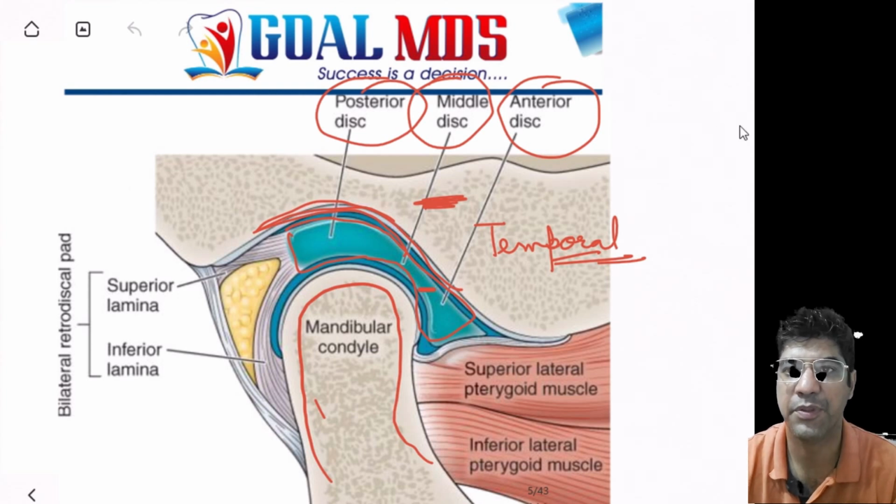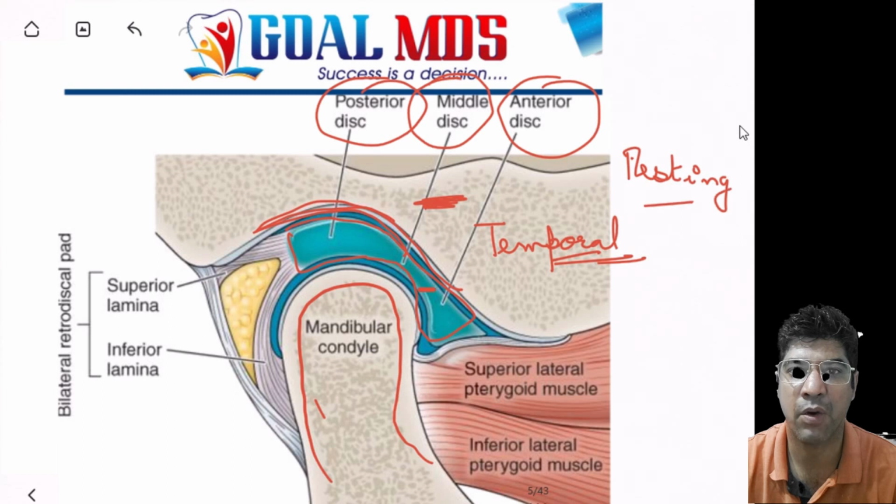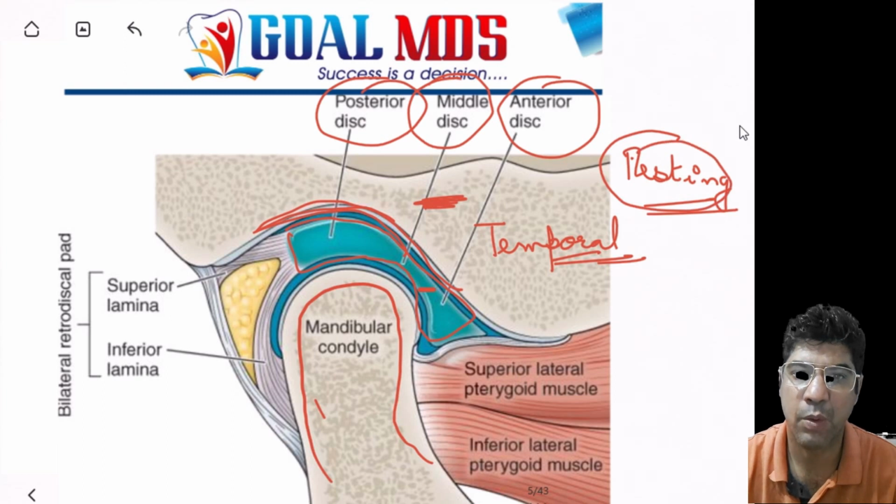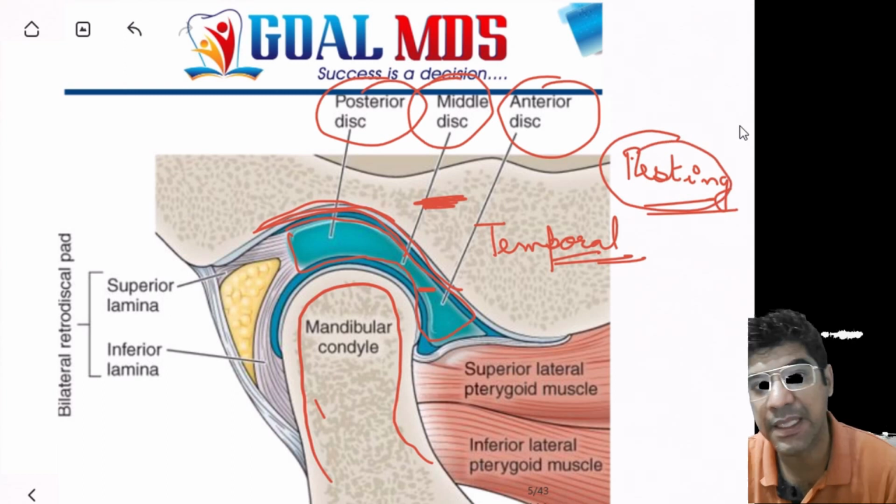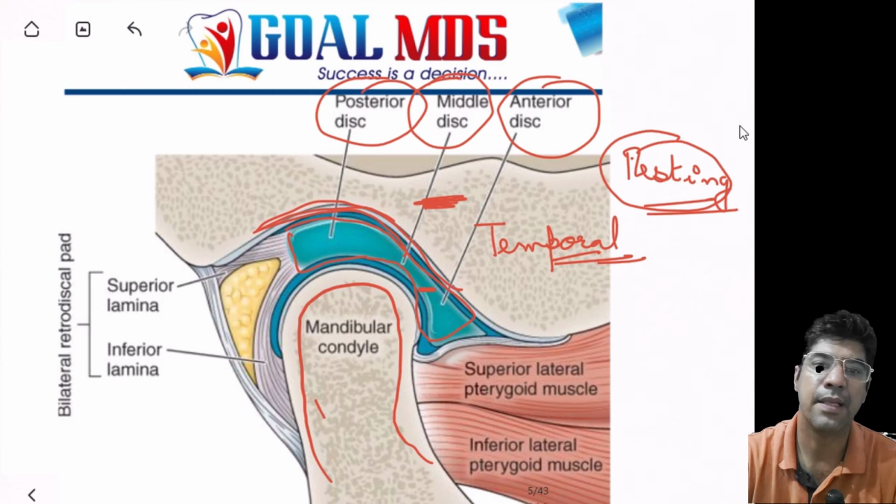In its resting position, the articular disc is located behind the mandibular condyle and the mandibular fossa, between the mandibular condyle and the mandibular fossa.